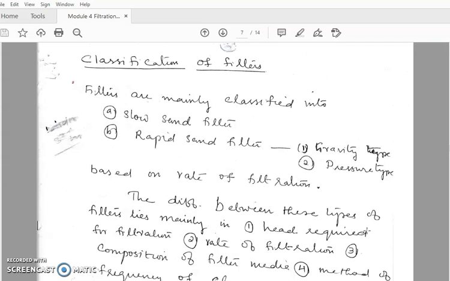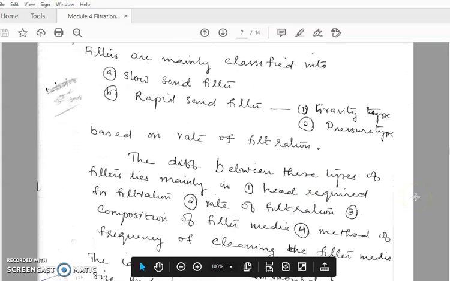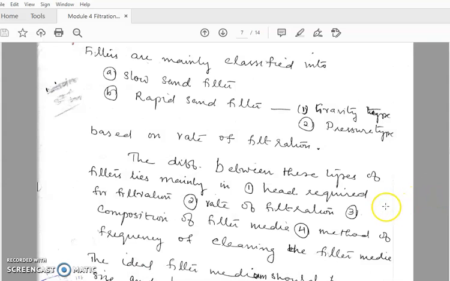Now these three filters are considered different based on 4 parameters of their functioning. The first one is the head required for filtration.